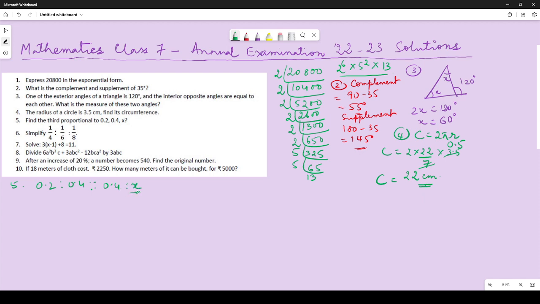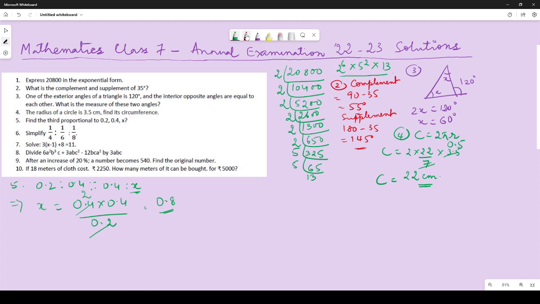That is how you find the third proportional. So with that logic, x is equal to 0.4 into 0.4 by 0.2, right? Now this is 2 times, so the value of x will be equal to 0.8. That should have been your answer.